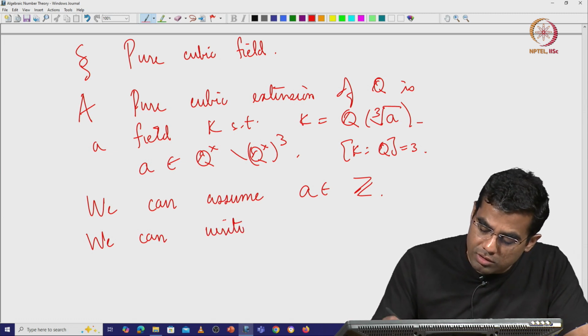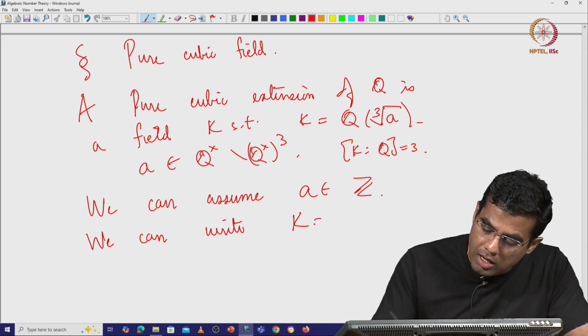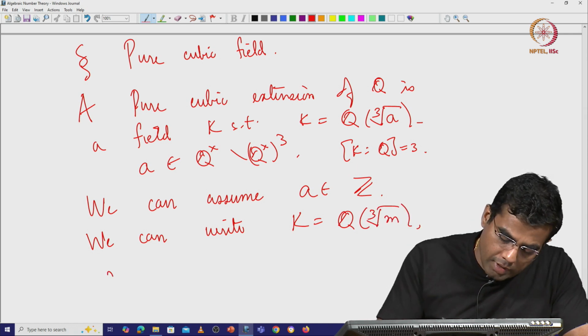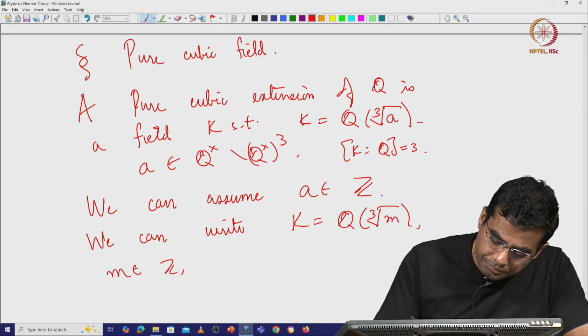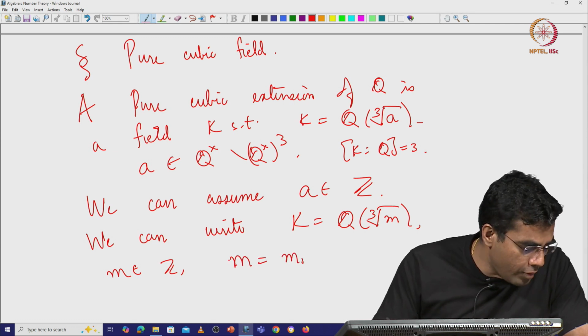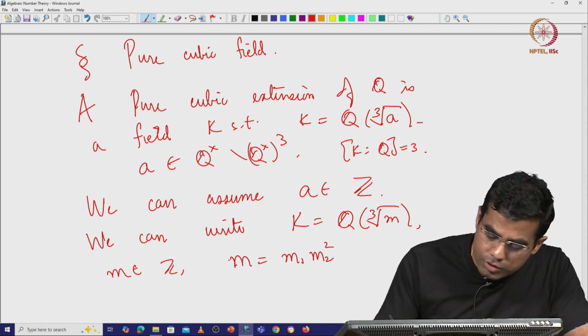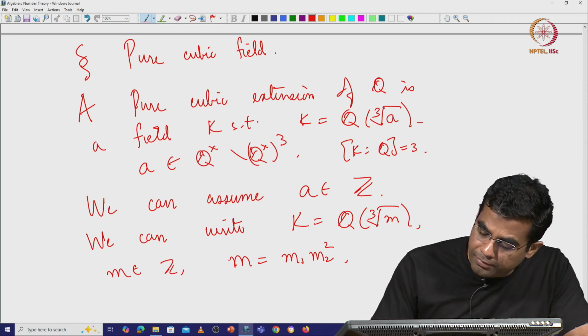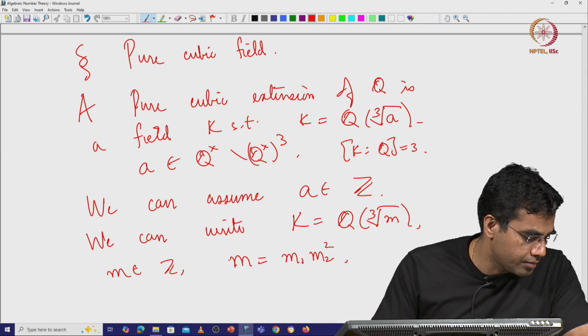I want to change notation here. We can write K as Q of the cube root of M, where M is in Z and M is of the form M1 times M2 squared, where M1 and M2 are co-prime square free positive integers.